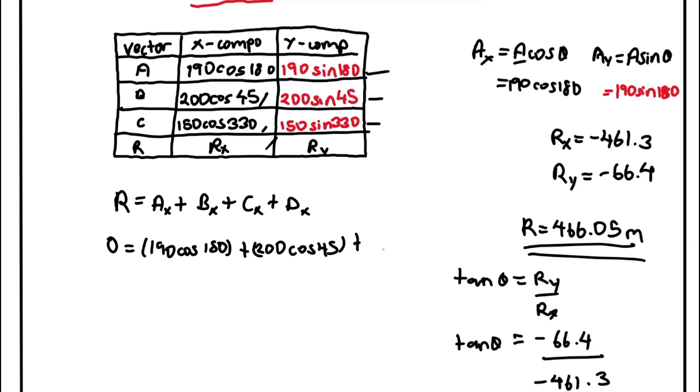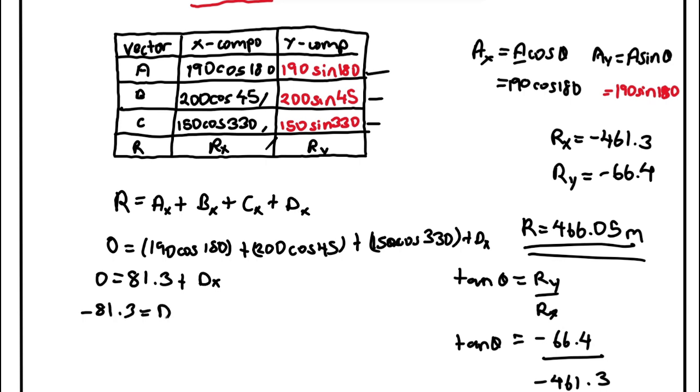Our CX is 150 cos 330 plus DX. This gives us 0 is equal to 81.3 plus DX. Now to get DX, we take 81.3 to the other side. It becomes negative 81.3 is equal to DX.